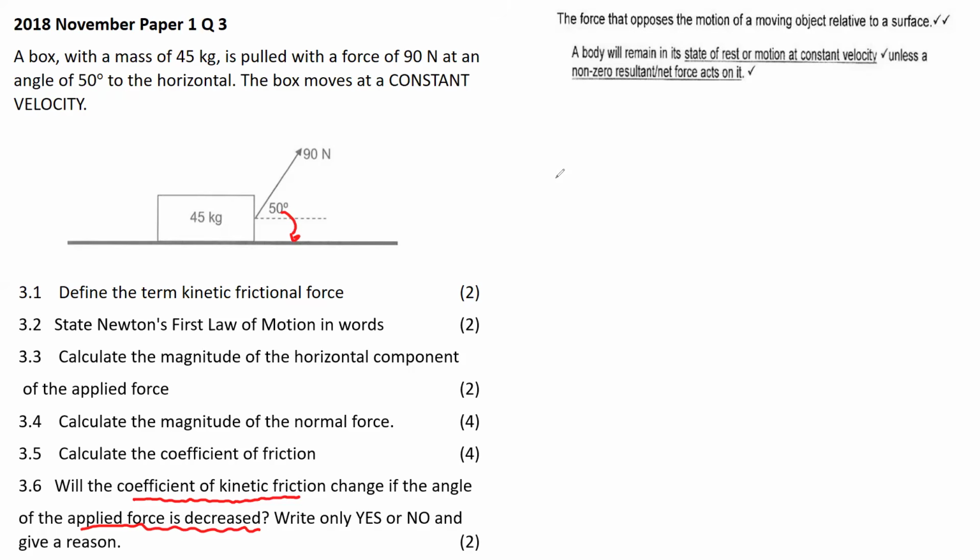And I say this because, Mina, I gave an example of a gravel situation, and I talked about a stoop, and I said the coefficient of kinetic friction is bigger here than here because of the type of surface. What is supposed to change here is the applied force angle, not the surface. So because the surface remained the same, the coefficient of kinetic friction also remains the same. Hence, in our answer, we'll say no.